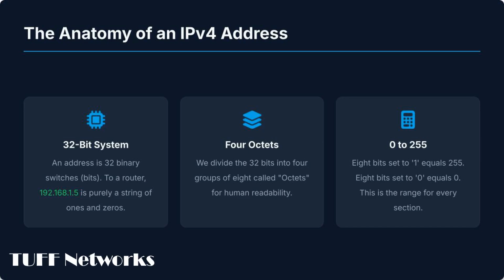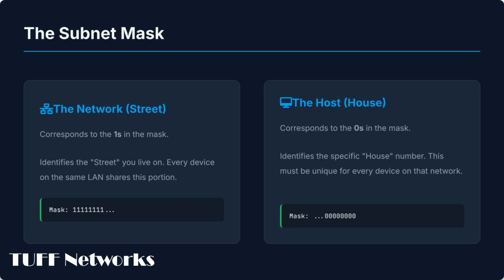If all the bits are off, or zeros, you get 0. This is why every section of an IP address is a number strictly between 0 and 255. You will never see an IP address like 192.168.1.300. It is mathematically impossible in an 8-bit octet.